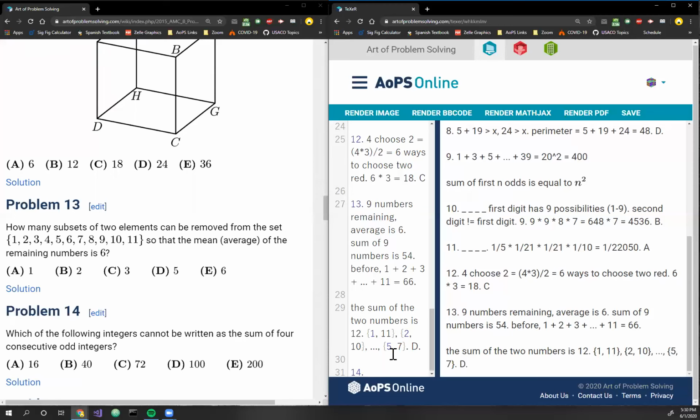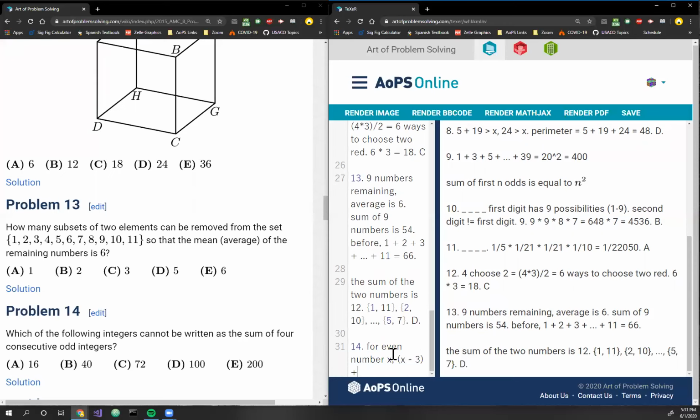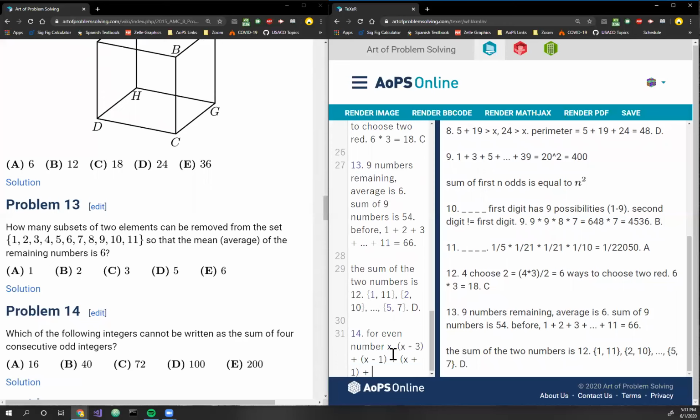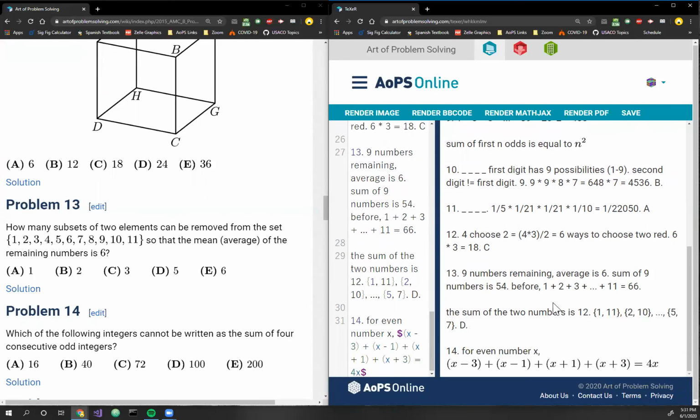Okay, so this is a bit trickier. The way you do this is, 4 consecutive odd integers for even number x would be equal to, so I wrote this equation.